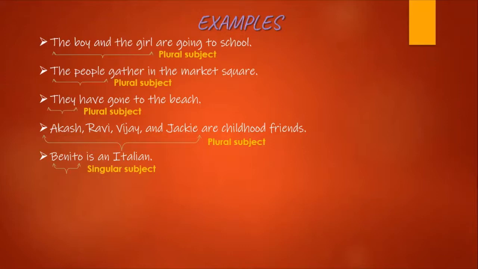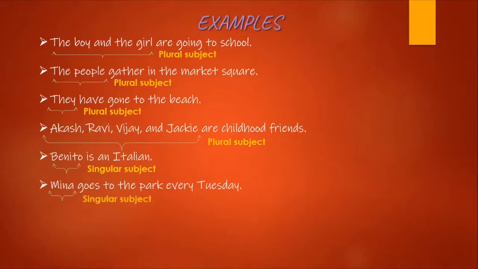So, in singular, we are taking s or es, in plural, no s or es. Meena goes to the park every Tuesday. Meena, again, singular, one girl, goes to the park, singular verb. A singular noun does not take s or es, a singular verb takes s or es, goes, es.